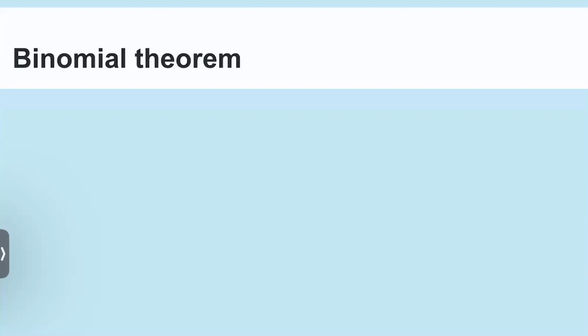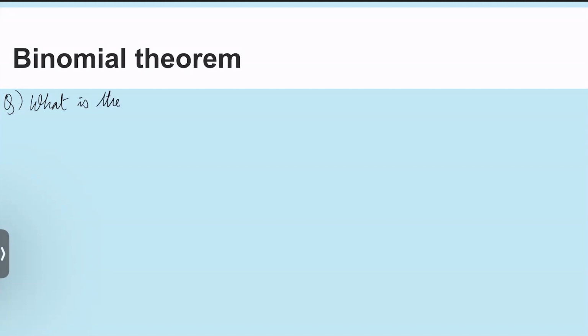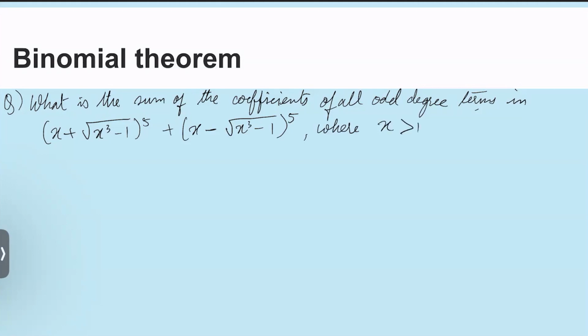So let's see. The first question that we have is, what is the sum of the coefficients of all odd degree terms in x plus root of x cubed minus 1 the whole raised to 5 plus x minus root of x cubed minus 1 the whole raised to 5, where x is greater than 1.